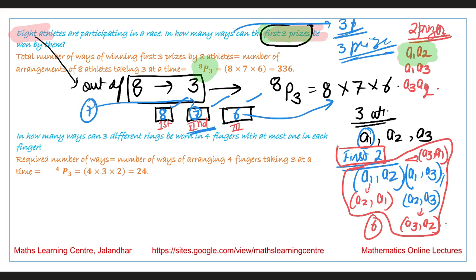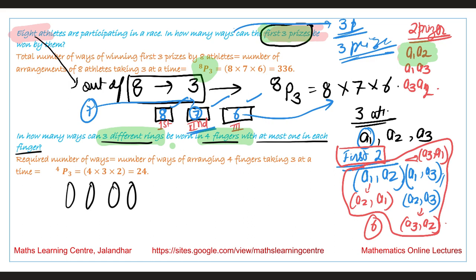Next: in how many ways can 3 different rings be worn on 4 fingers, with at most 1 in each finger? So we have 4 fingers and 3 different rings. Talking about the first ring, in how many fingers can it be worn?